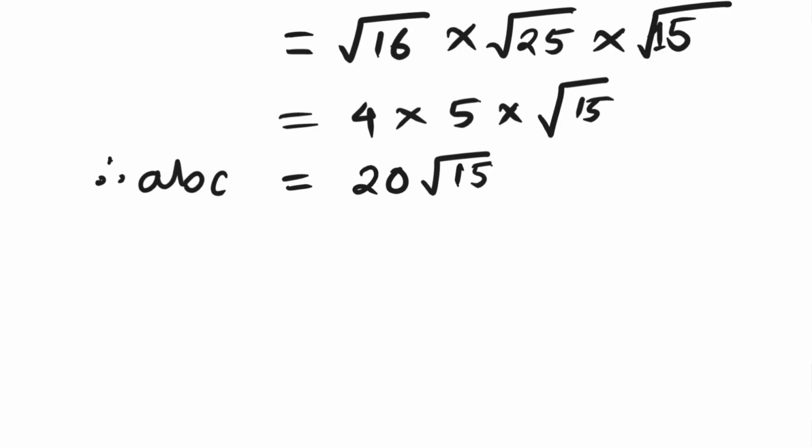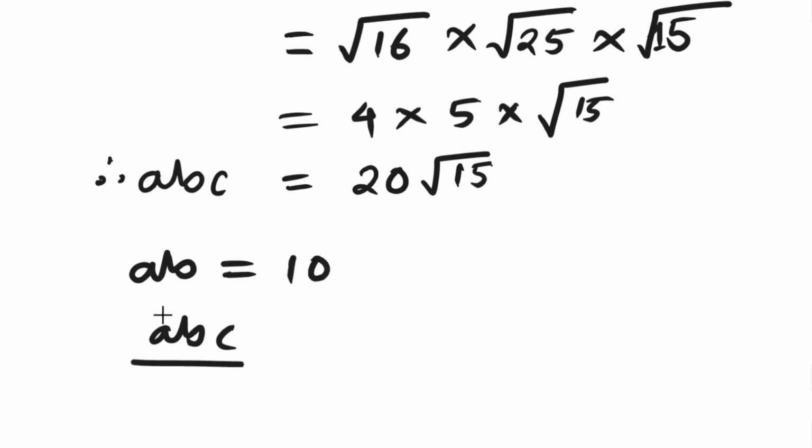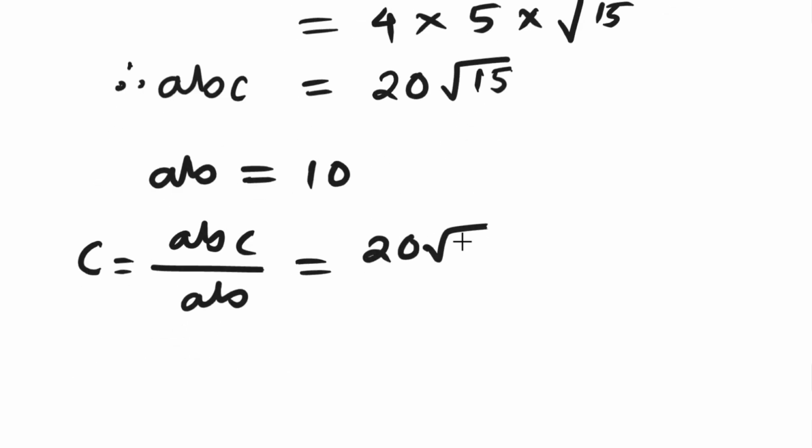Now, let's find each variable one by one. From the equation a multiplied by b equals 10, divide both sides into a multiplied by b multiplied by c equals 20 square root of 15 by 10. Since a multiplied by b equals 10, we are left with c equals 20 square root of 15 divided by 10, which simplifies to 2 square root of 15.